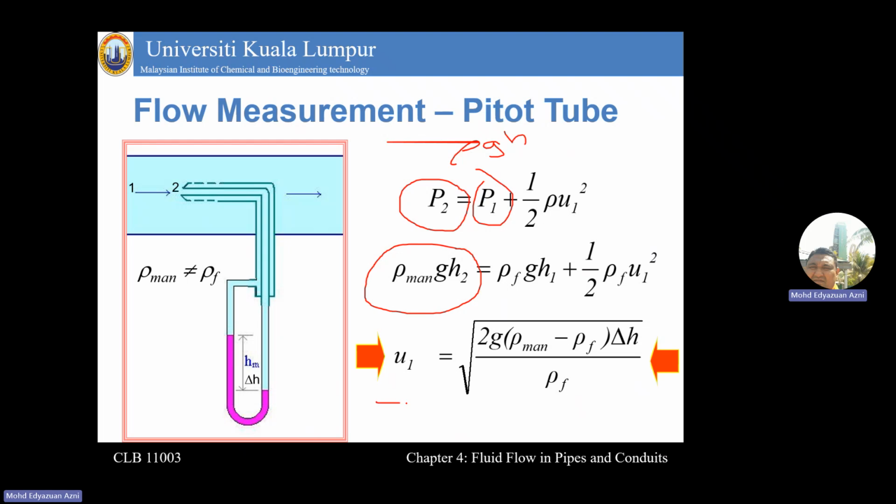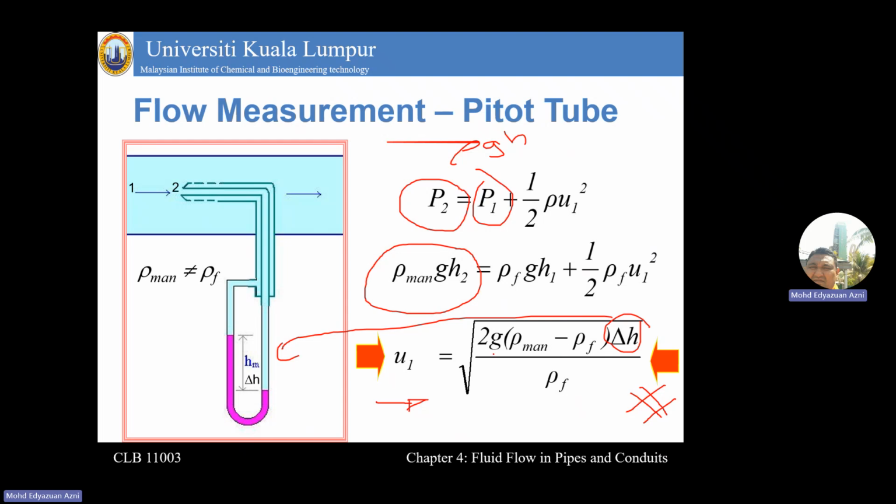After some modification, at the end we will get U1 equal to the square root of 2g times the bracket of density of manometric fluid minus density of fluid, times delta h, which means the difference in elevation of the manometric fluid, over density of fluid. This is the standard formula for the pitot tube to find U1.